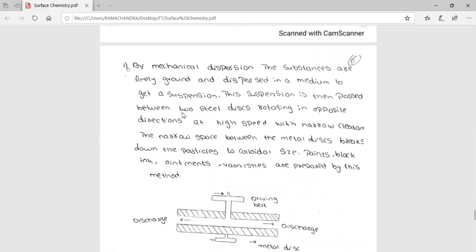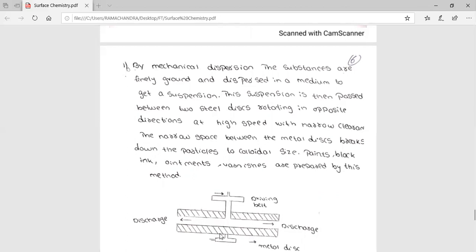Lastly, we see mechanical dispersion. Here the suspension is passed between two steel discs.